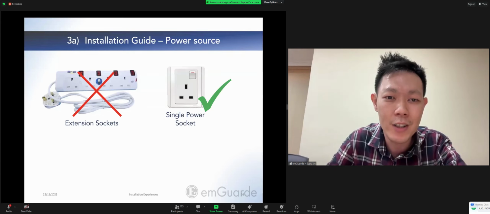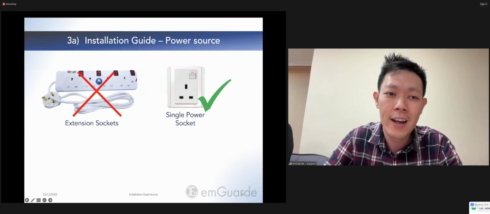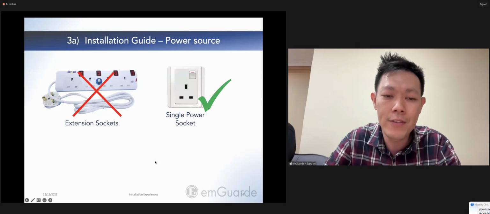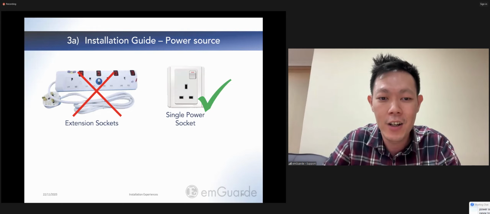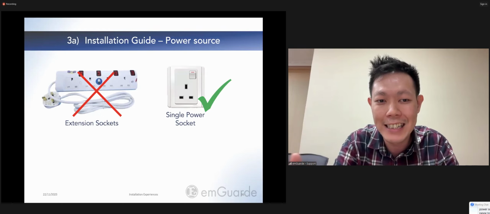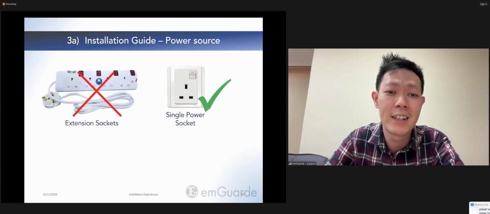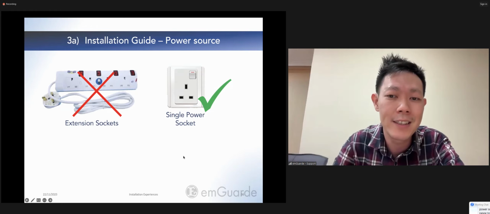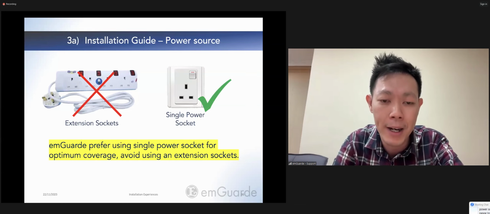Let me continue my explanation just now about the power source. Why it is so important: in some of our cases where we install the emGuarde in an extension power socket, the range might become shorter, because the current is not stable. Some extension sockets, depending on quality and brand, may have variance in the current supply. So the best is to choose a single power socket to optimize the emGuarde's coverage.